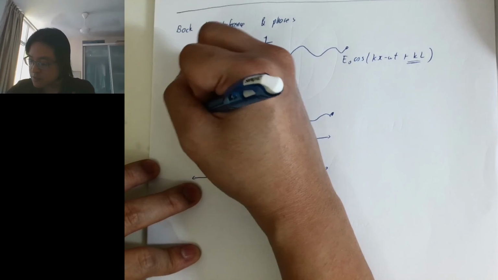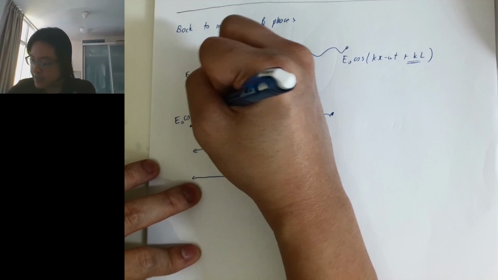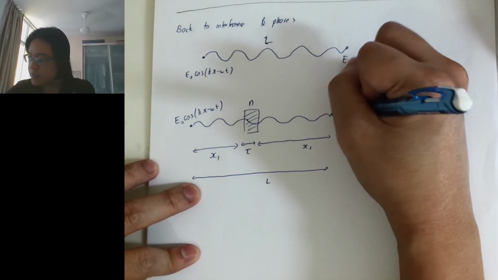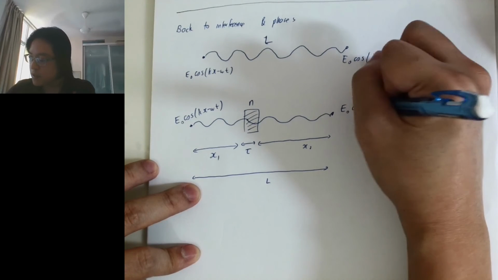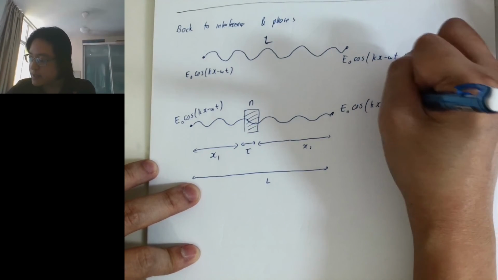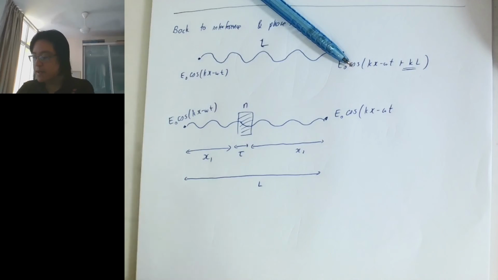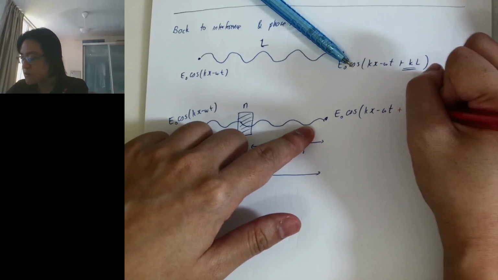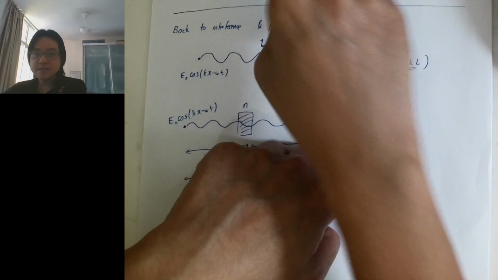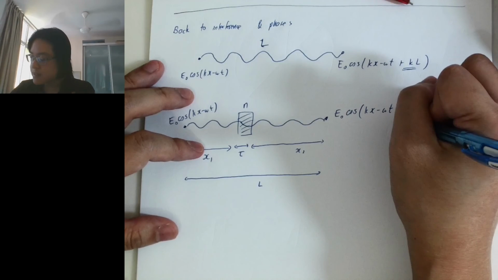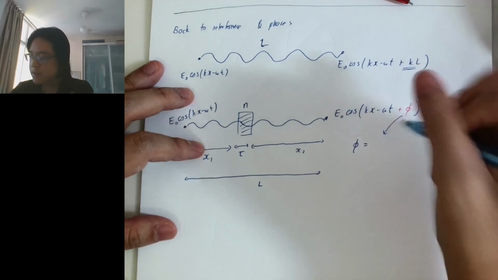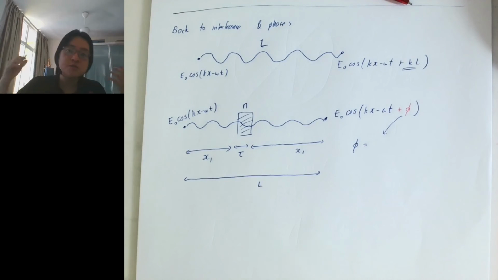If my initial phase is kx minus omega t, after traveling it will have a new phase, calculated step by step.